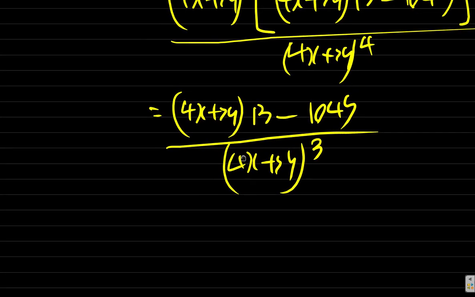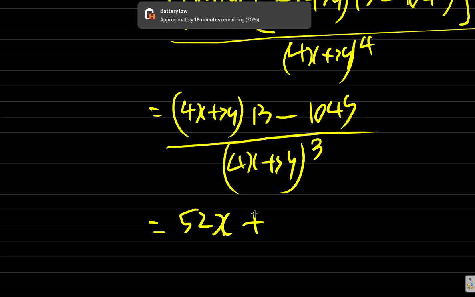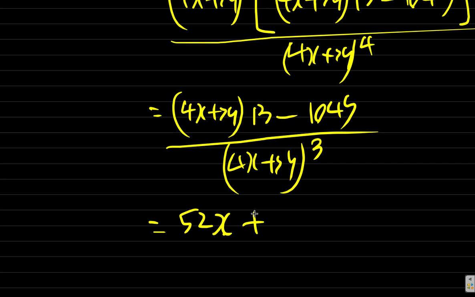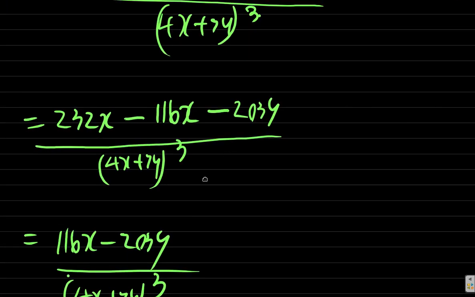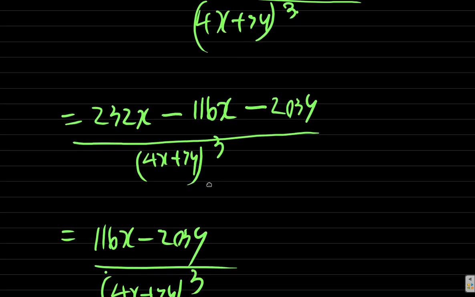Alright, let's simplify this one and see what we get. This is equal to, 13 times 4 gives us 52x, plus 13 times 7 is 91y minus 104y. 52x, we get a different x here.